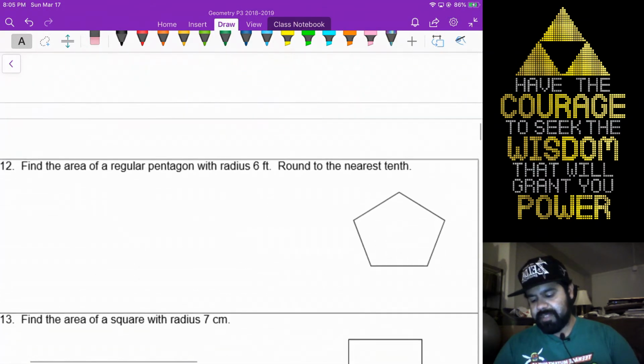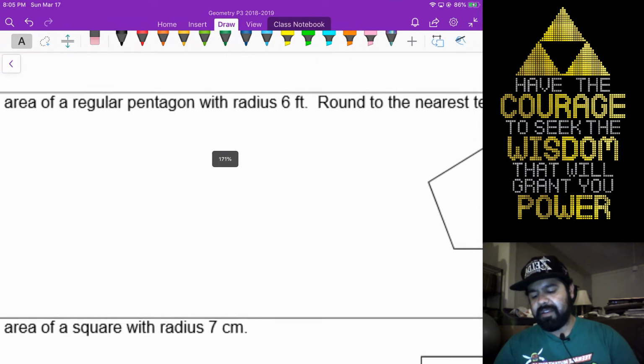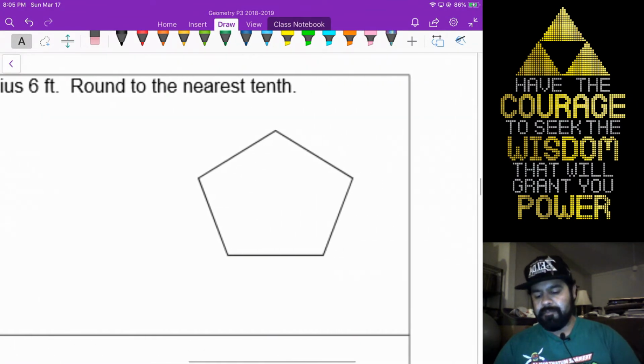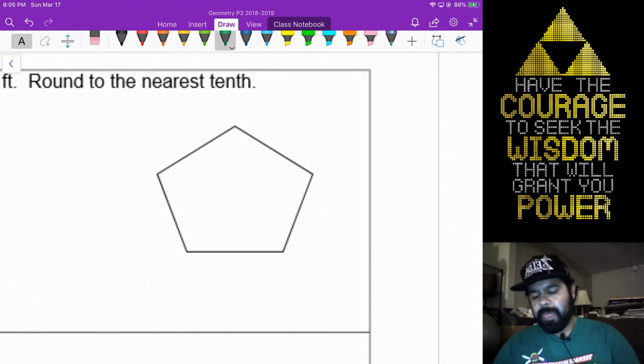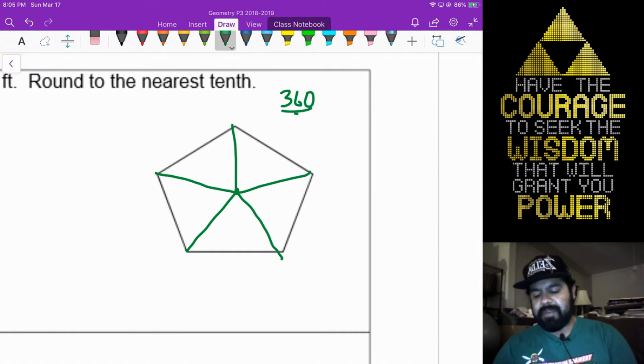Next one, number 12, find the area of a regular pentagon with a radius of 6. So radius, that's our length here. So again, same thing, you can draw your triangles. 360 divided by 5, that's 72.